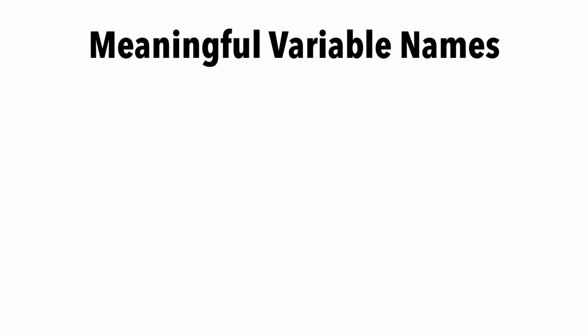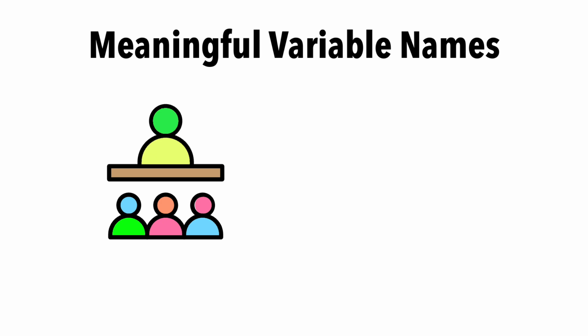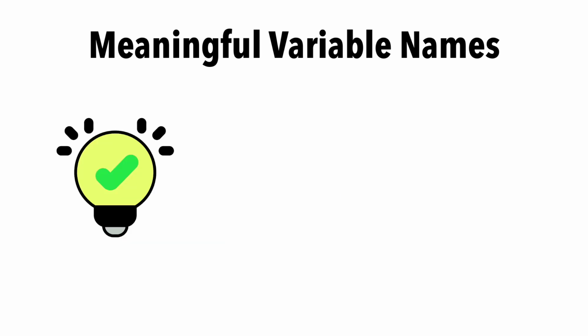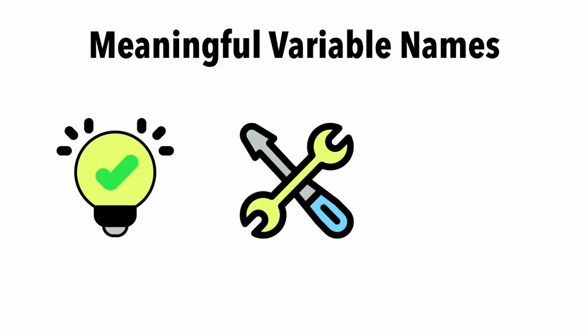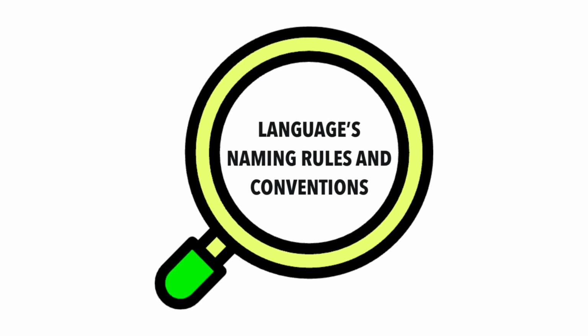For example, if your program has a variable that holds the number of students in a class, your code will be easier to understand if the variable holding that information is named class_size, rather than CS, or worse, simply X. Using meaningful variable names, even if they are somewhat long, is a good way to make the logic of your program clear, so that it is easier for humans to understand and update, which helps to avoid programming errors. Be sure to check out the variable naming rules and naming conventions for your programming language.